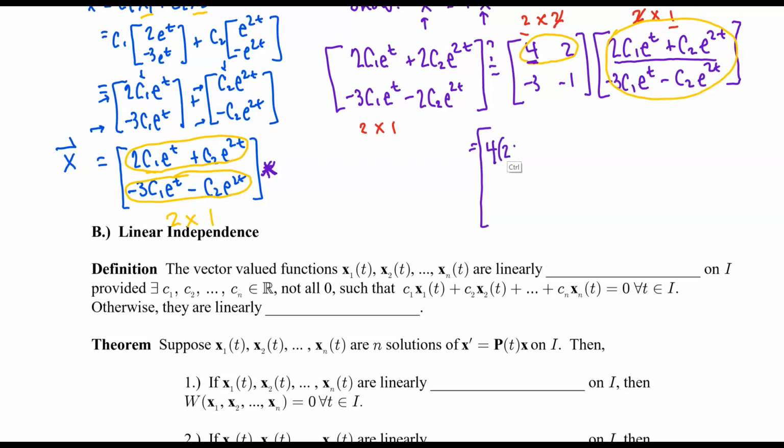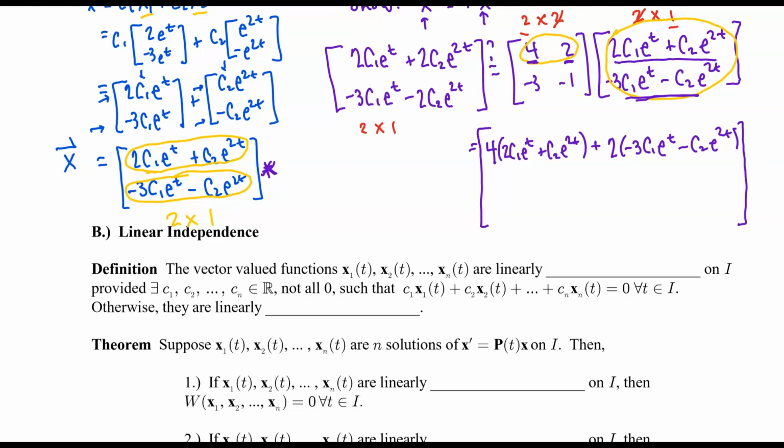So this is 2 c sub 1 e to the t plus c sub 2 e to the 2t. Then I'm going to add that to the second entry in row 1 times the second entry in column 1. So we have 2 times negative 3 c sub 1 e to the t minus c sub 2 e to the 2t. And we'll carry out that multiplication here in a minute.